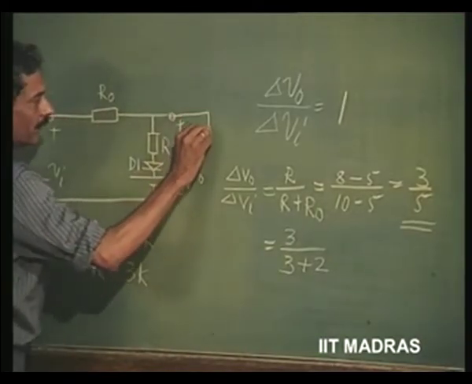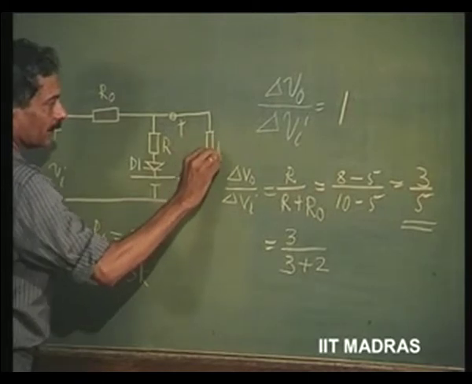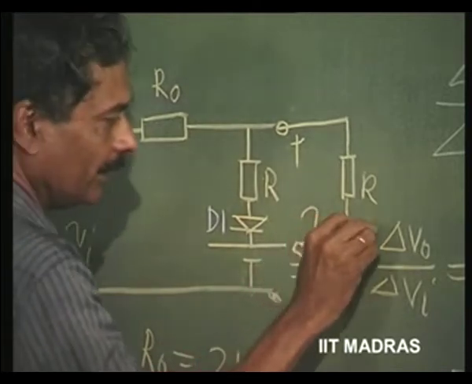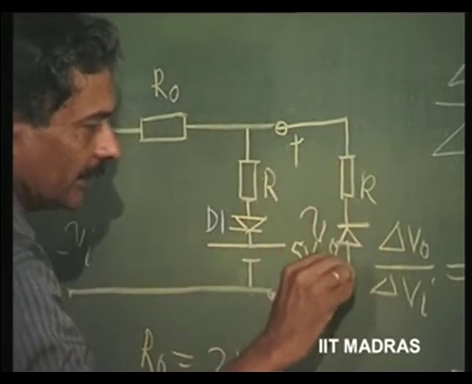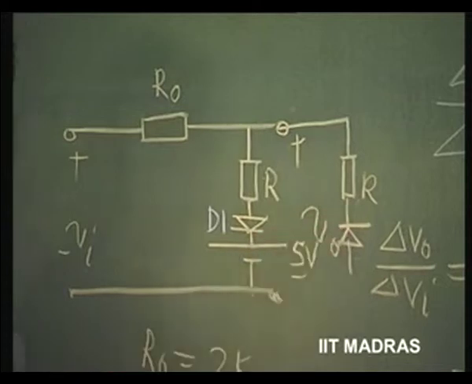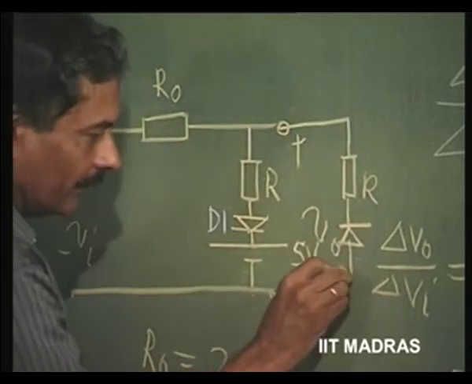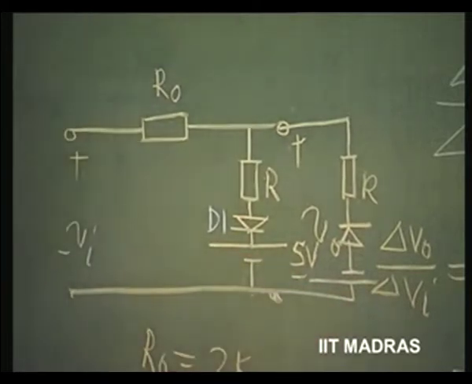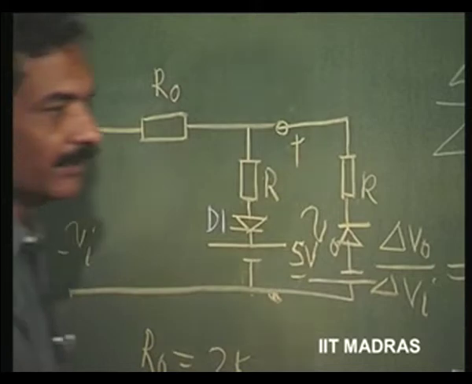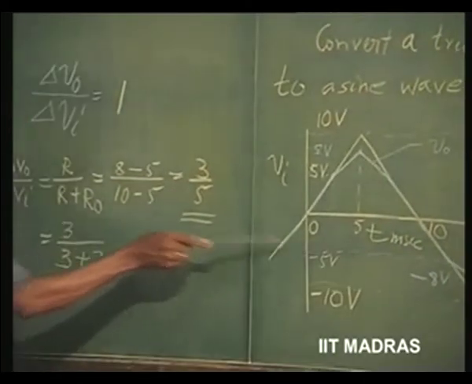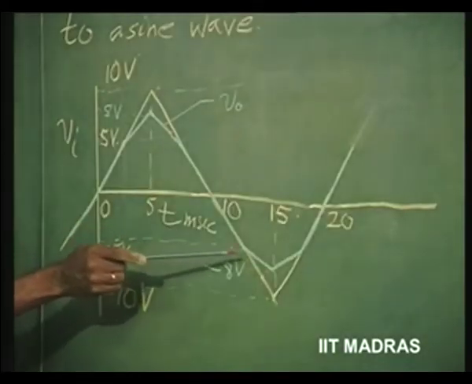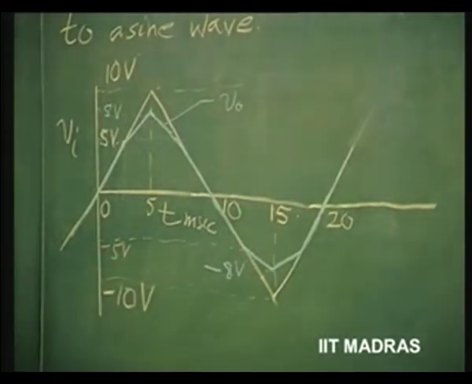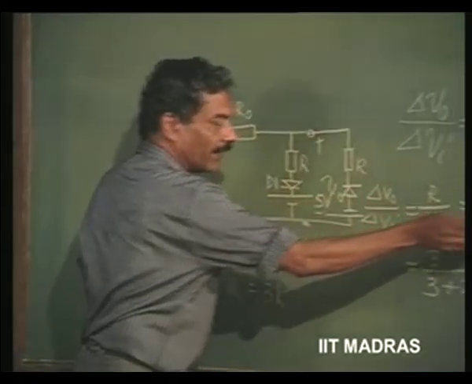I should now bring in another resistance of the same magnitude, because the slope is the same, but it should come into conduction when the voltage is negative. Therefore, this diode conducts for that, and this voltage is again minus 5 volts. At minus 5 volts, the same slope is there, because the output changes from minus 5 to minus 8 when the input changes from minus 5 to minus 10, and therefore the slope remains 3 by 5.